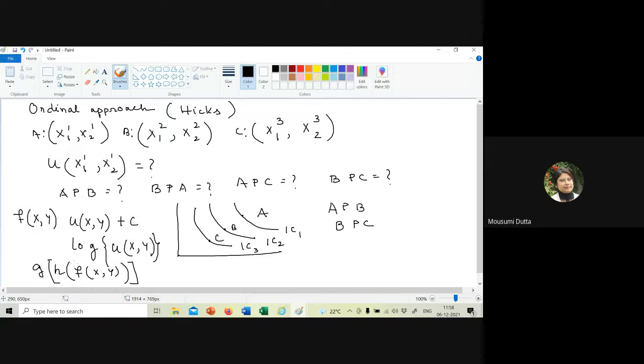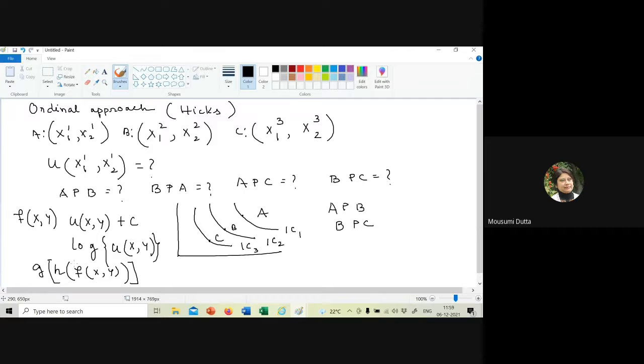We are presenting the order by different names. Sometimes I can present it by A, B, C, D, sometimes by 1, 2, 3, 4. Sometimes I can present it as u, log of u, and so on. So they are indicating the same ordering of preferences. The functions are basically monotonic transformations of each other.